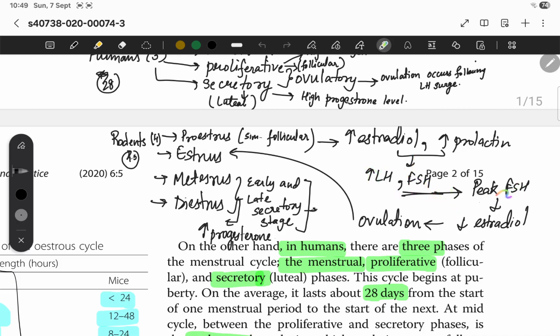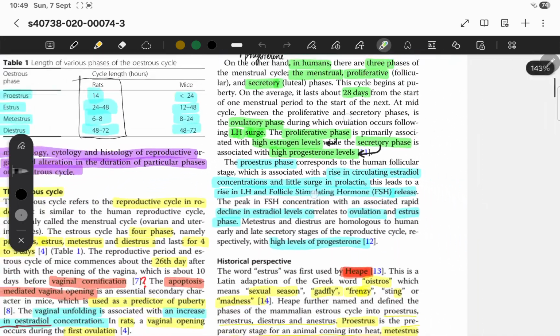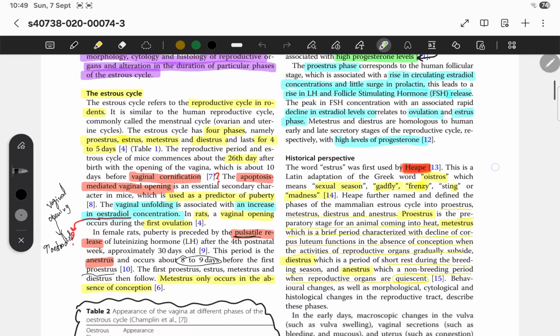When the peak of FSH is reached, a decrease in estradiol is seen, and when the decrease in estradiol happens, ovulation takes place. Ovulation taking place means we have reached the estrus stage. If conception occurs, then metaestrus will not follow. If conception does not occur, then metaestrus will follow.